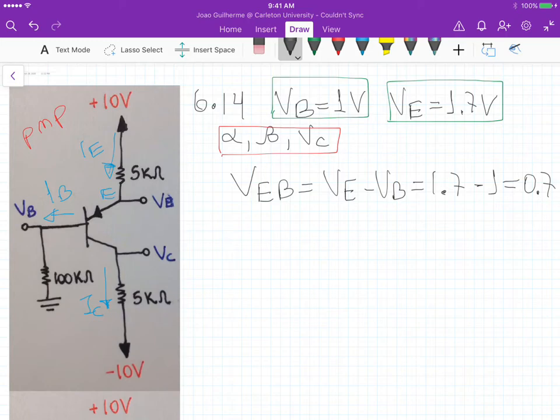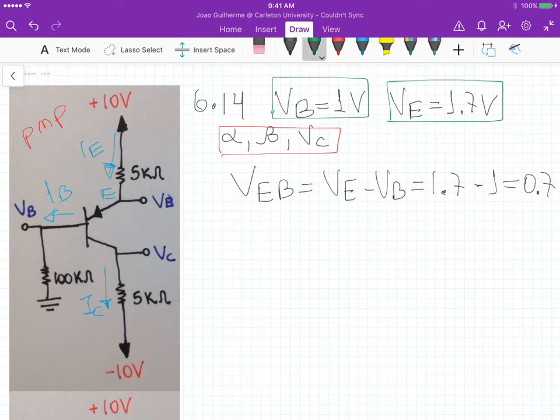Now we can calculate one of the currents, so we can start with the emitter current.